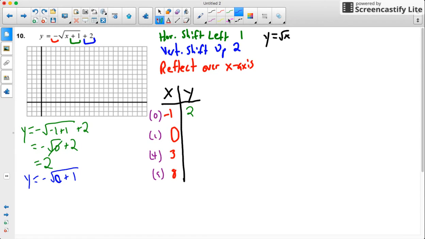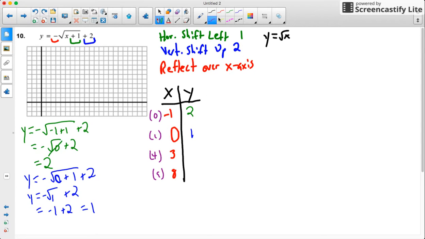That's all right. Here we go. We recovered. So if I make this a 0, and then I have to add 2, this is going to be y equals the negative square root of 1 plus 2, which is equal to negative 1 plus 2, which is equal to 1. So there's my 1.